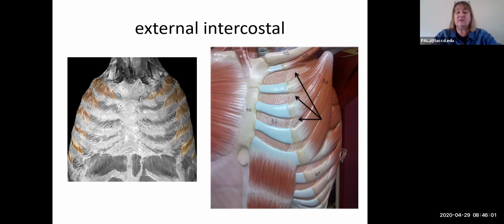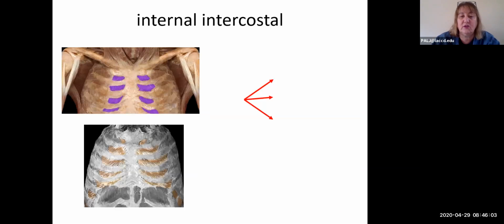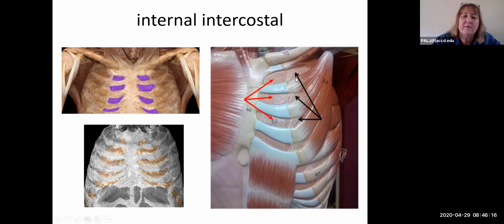And that's the direction of fibers in the internal intercostals. And those tend to go almost all the way to the sternum, so they're very easy to see in an anterior view.